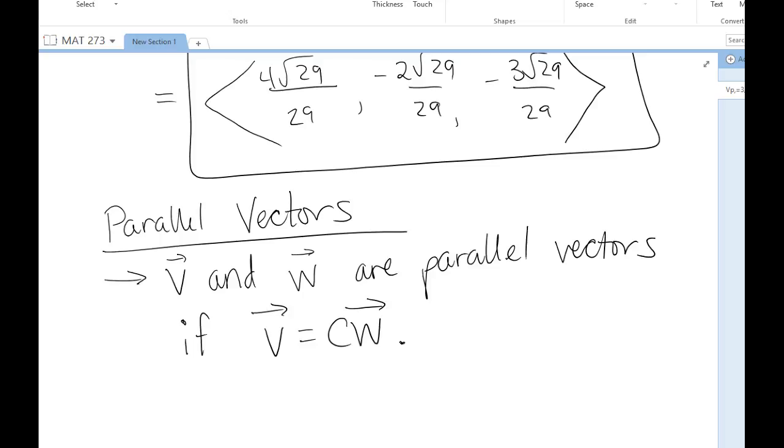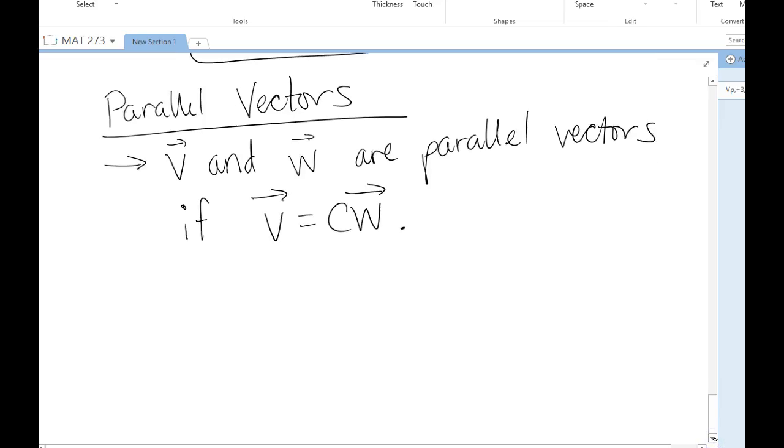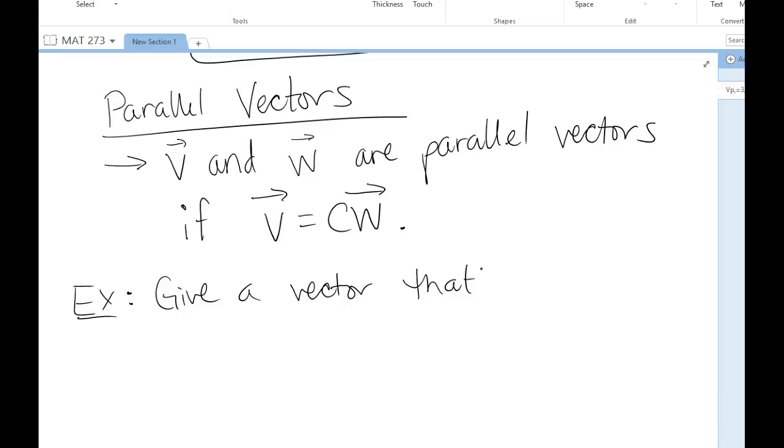Because all a scalar does is change our magnitude. Now, nothing in that formula says anything about it has to be 2 components, it has to be 3 components. So we're not going to do anything differently with the space vectors than we did with the plane vectors.